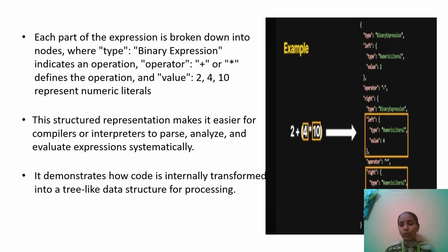According to the precedence, we calculate the multiplication operator first, so we calculate 4 into 10 first. This structured representation makes it easier for a compiler or interpreter to analyze and evaluate expressions systematically. It demonstrates how code is internally transformed into a tree-like data structure for processing. After we solve 4 into 10, we then add, and we get the output.